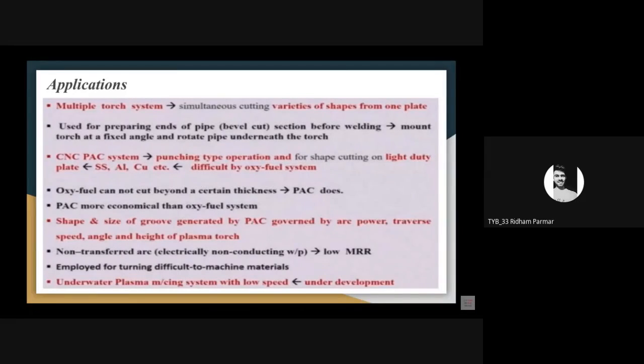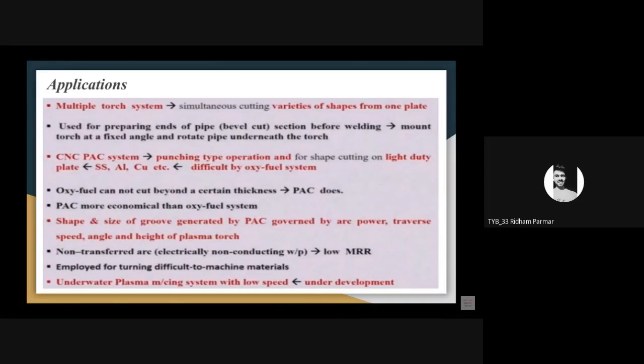In case of cutting of a groove, its shape and size are governed by arc power, transverse speed, angle, and height of the plasma torch. In case of electrically non-conductive material using a non-transferred arc, the material removal rate is low. Plasma has also been employed for turning of difficult to machine materials.